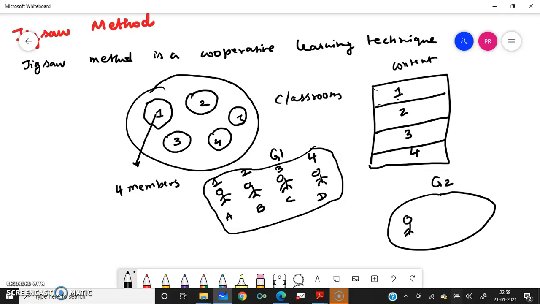And then this is G1, and one more group G2 is there. In G2 also 4 students are there, and they are given content 1, content 2, content 3, content 4.